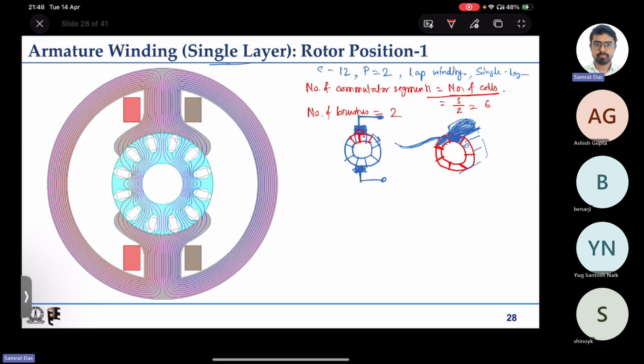If it is a single layer winding, then you can have only one coil side in one slot, so the number of coils is number of slots by 2. But if you have a double layer winding, then you can have two coil sides per slot. So that means the number of coils is equal to the number of slots.